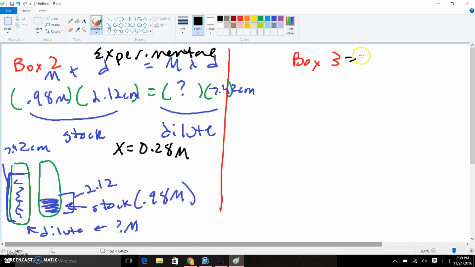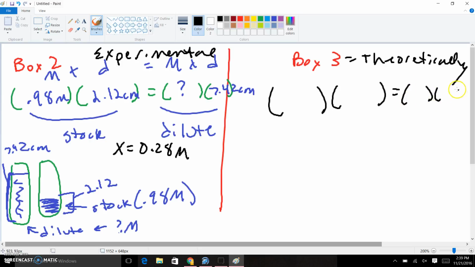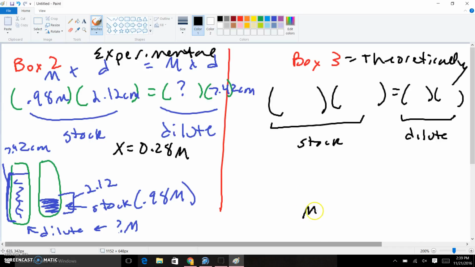And box 3 is where we calculate theoretically what my solution should have for a concentration. So for this, it still also has a set of parentheses. This side here will be my stock side, and this side here will be my diluted side. So for that, the equation is M1V1 equals M2V2.